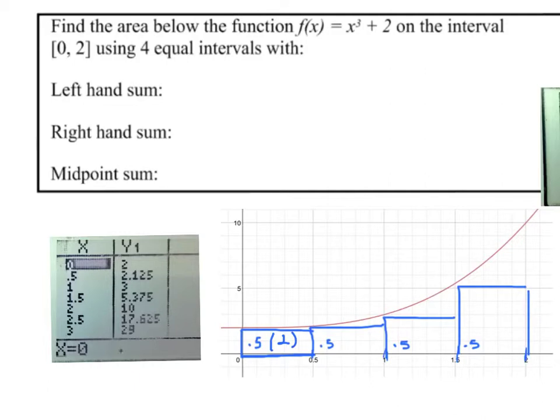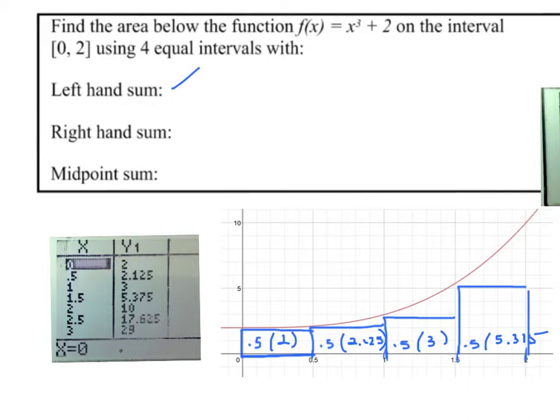The value at 0.5 is 2.125, at 1 is 3, and at 1.5 is 5.375. Now, you'll actually calculate those and then add those up, and that will give you the left-hand sum. I'm not going to do that in the interest of time. I'm going to rely on the fact you can do that.